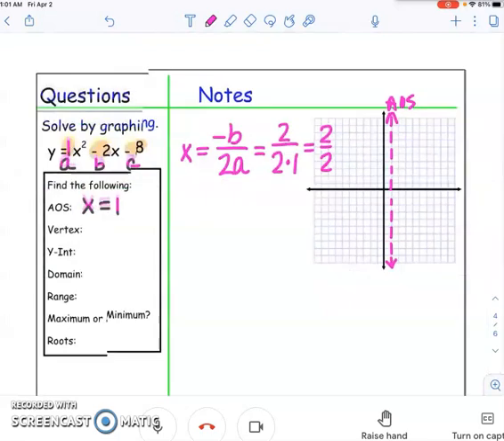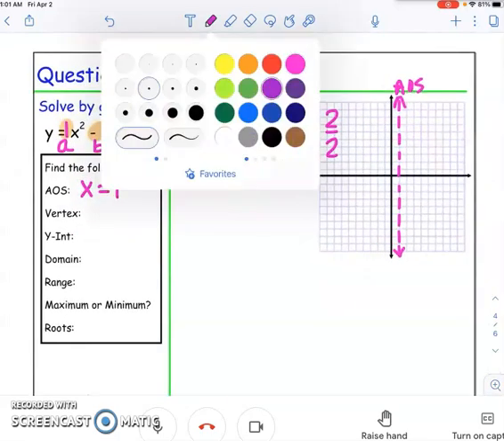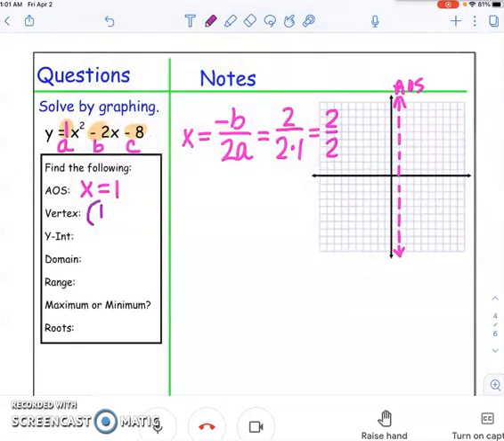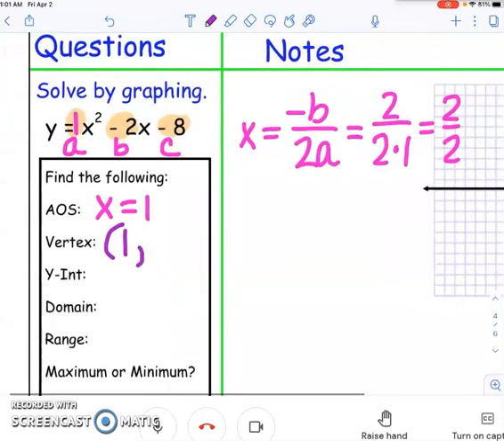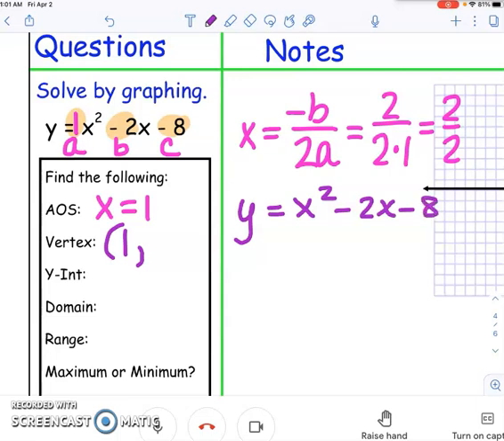The next thing we find is our vertex. Remember that the vertex point sits on the AOS. So the x-coordinate of your vertex we've already found, it's 1. Now we just need to plug in 1 in our equation. So this is what our equation looked like at the beginning. So now we know that x is 1.